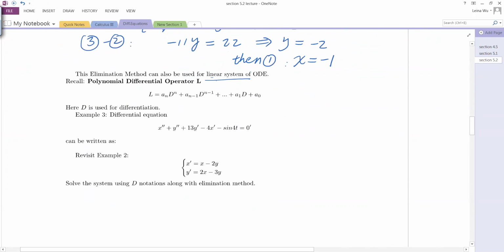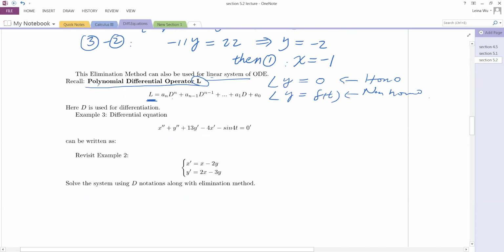But right before we actually apply it for the linear system, let's try to recall this polynomial differential operator L. Did we talk about L before, you guys? We just mentioned it, but not in detail. Recall this? Ly equals 0. Ly equals f of t. When we're talking about homogeneous and non-homogeneous. Was that in chapter 2? Yeah. Right. So this L is a linear operator.